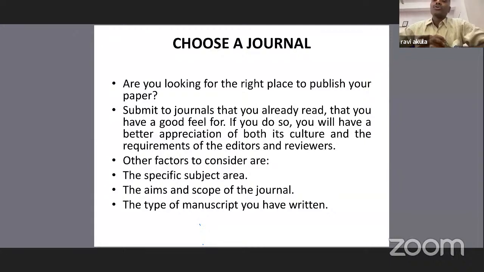Of course, we know the journals are also of several types depending on the research field. There may be journals in the area of sciences, social sciences, arts, humanities, commerce, management, accounting, philosophy, education, sports, medication, distribution, technology. Different fields are there.